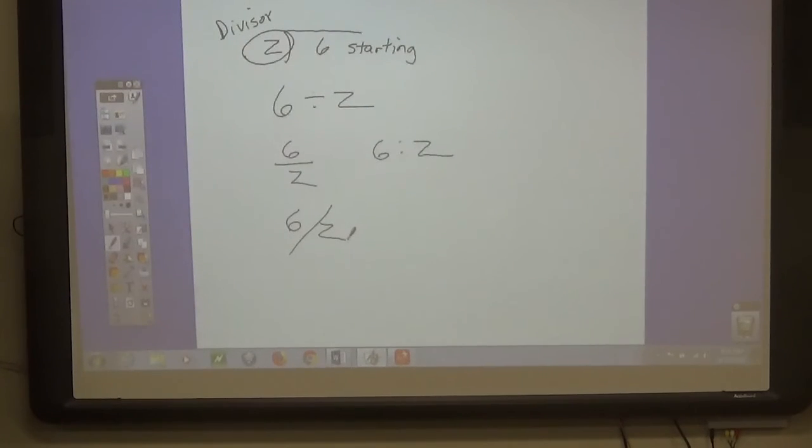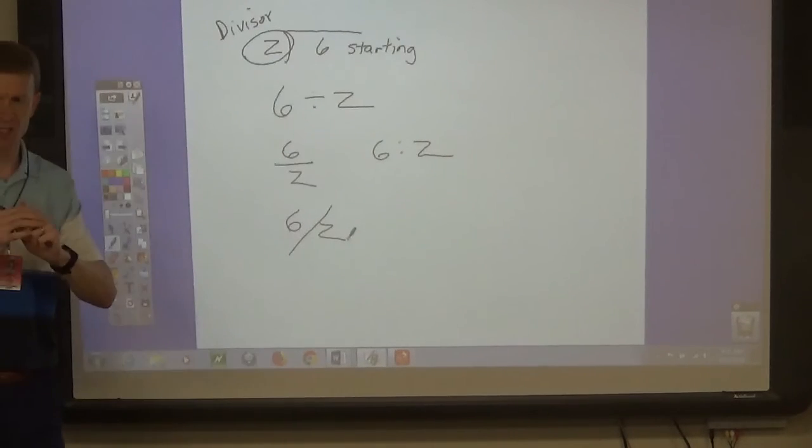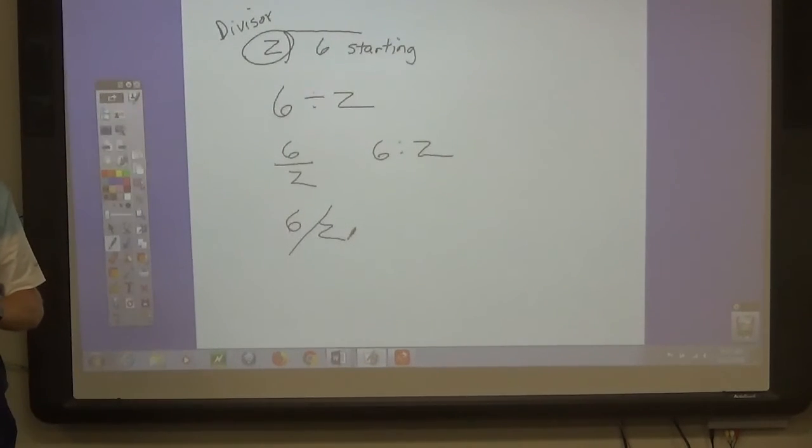Now the order is important, especially with division, and especially with one other operation. Andreas. Subtraction. Yes, subtraction. The order is not as important for multiplication and addition. Why not? What property says that you can reverse the order of the numbers and get the same answer?